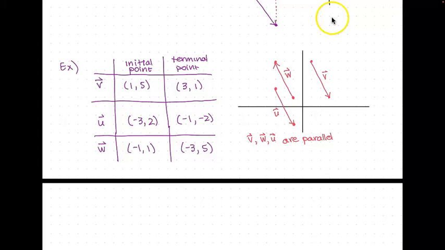Are they all going in the same direction? In fact, when talking about U and W, they're parallel, but they go in opposite directions. Some people use the term anti-parallel. Your book doesn't. We won't bother getting into it, but just so you know, there is such a thing as anti-parallel.